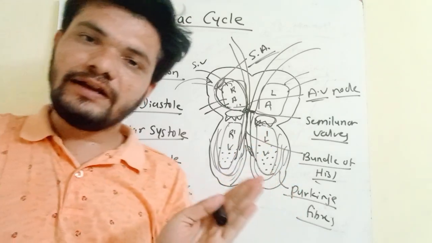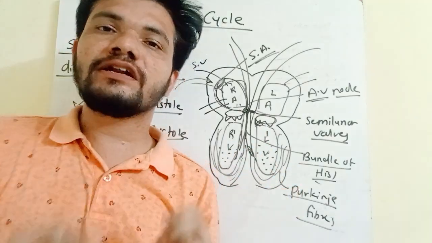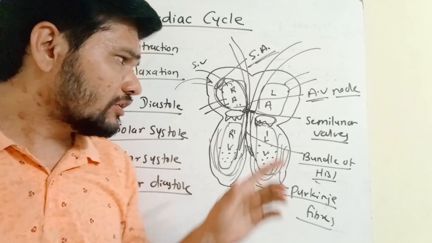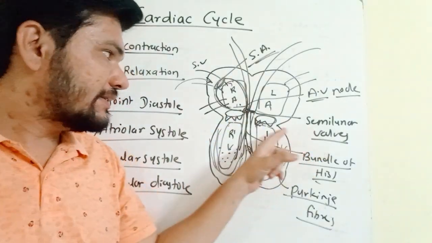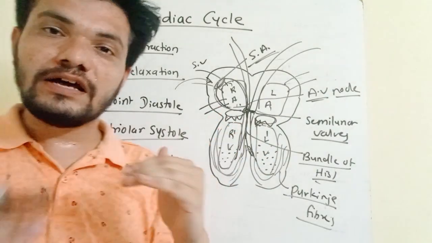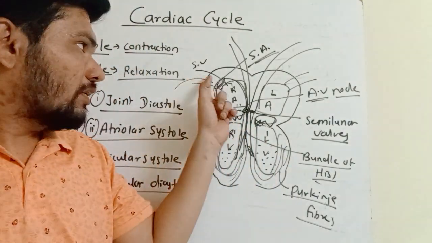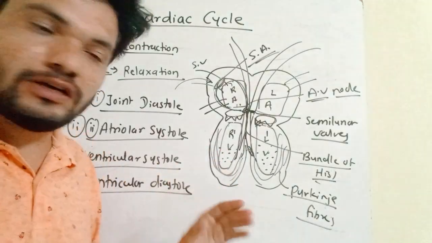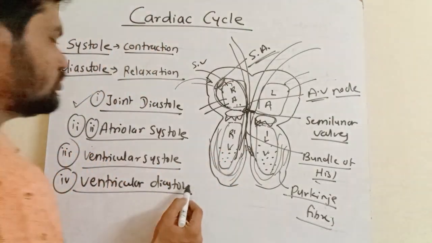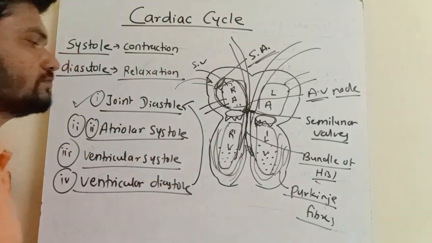That's why it lowers the blood pressure in the ventricles. So these semilunar valves are again closed, and the bicuspid and tricuspid valves are open so that the blood can go from atrium to ventricle, which leads to the joint diastole again.